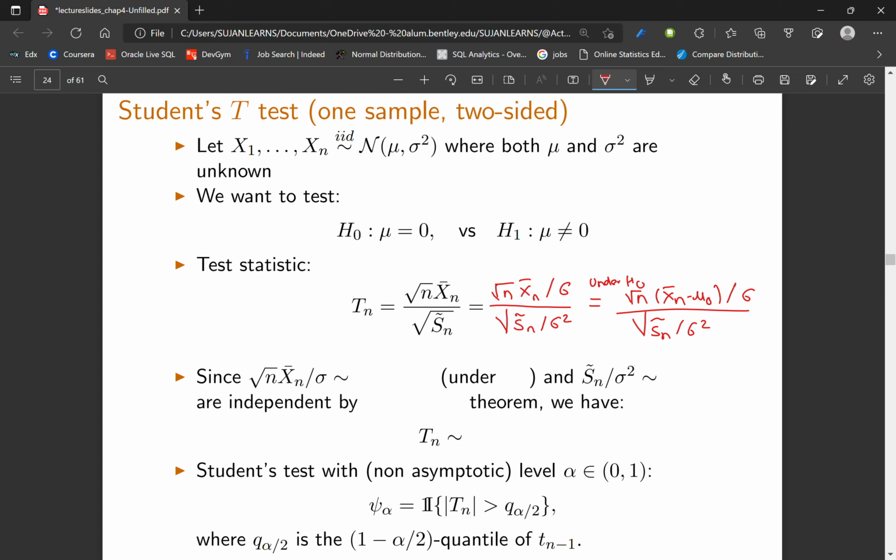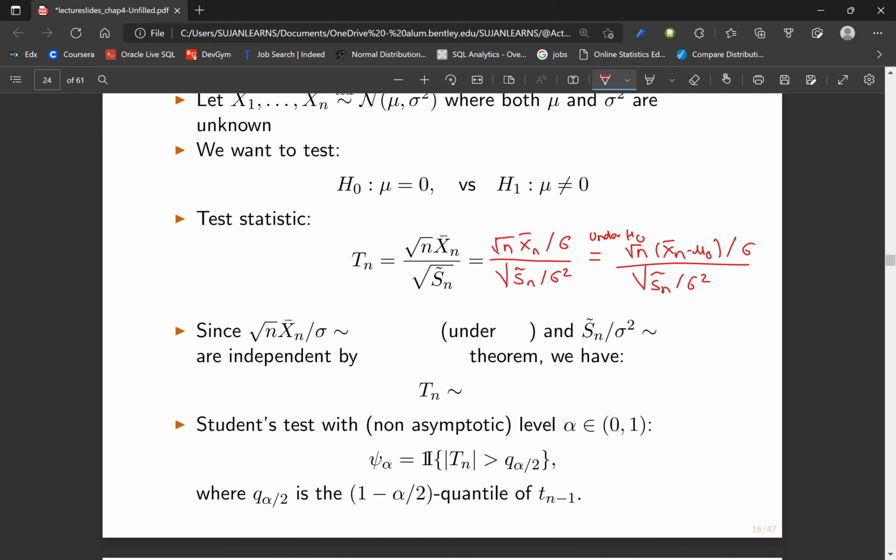Now, what's the next step? The next step is we can say that the numerator under the null hypothesis is a standard normal, and the denominator has a chi-square distribution, chi-square n minus 1 divided by n minus 1.